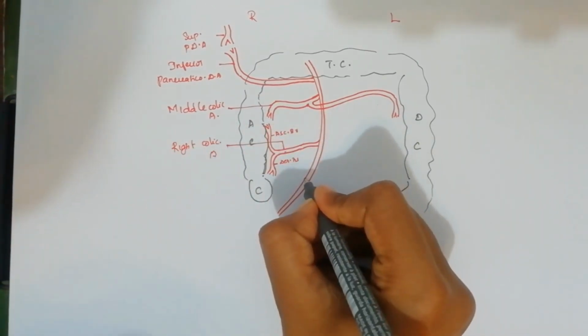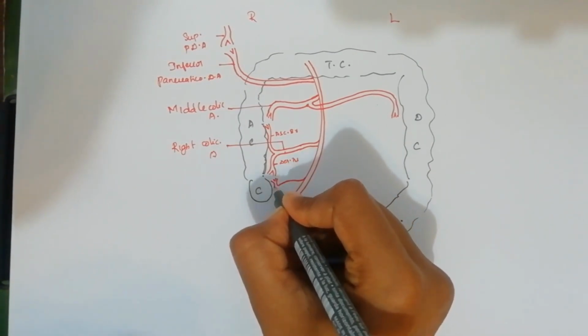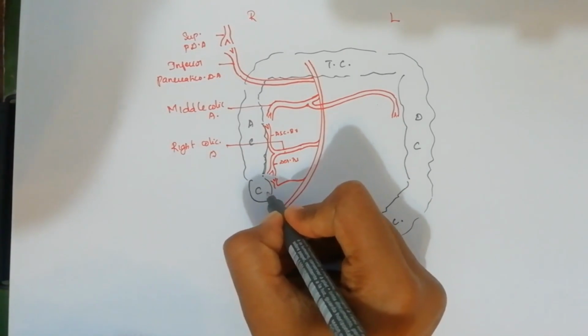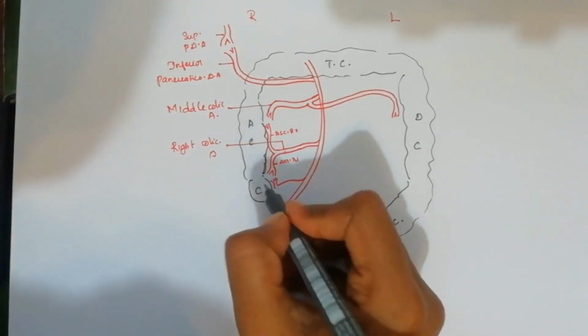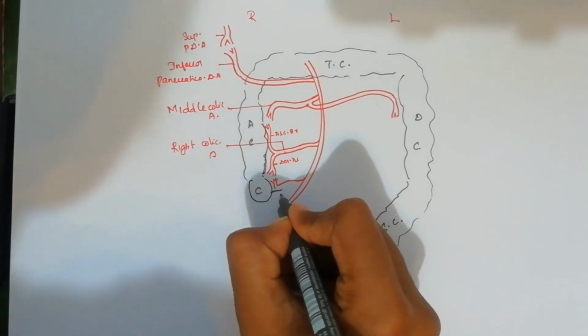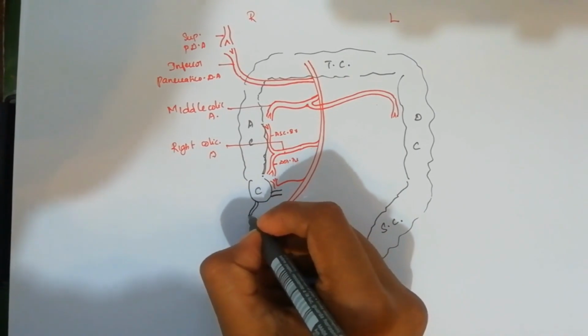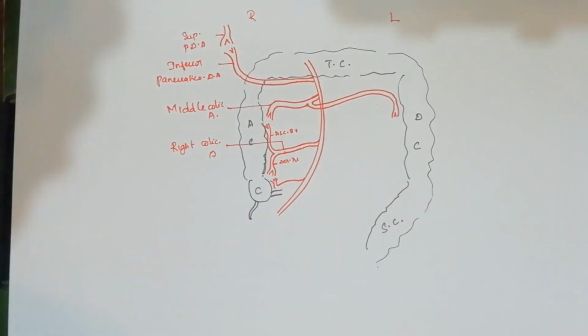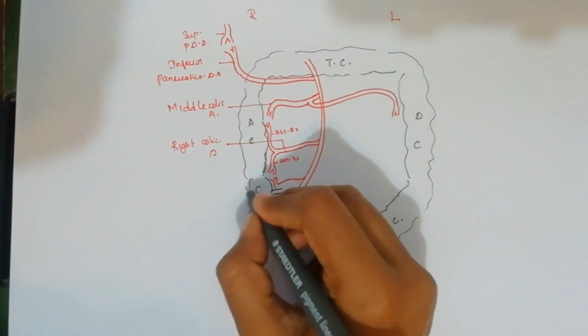Again we have one more artery, the ileocolic artery, which is going to supply the cecum. We have one more part ending up here, which is the ileum, and here we will have the appendix somewhere. So the ileocolic artery supplies the ileum along with the colon.